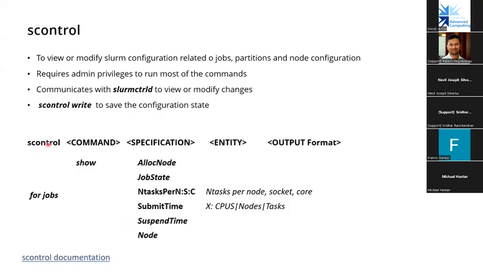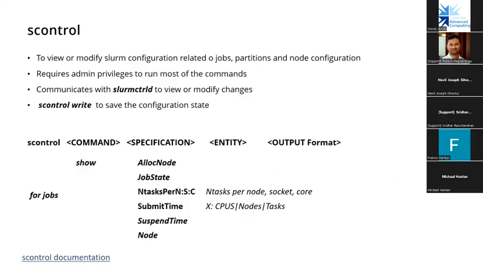And again, we have the show command to essentially display information. These are available to all the users. If I do scontrol show alloc and my job ID equals something, once the job starts running, when I run this command, it can show what all the nodes are allocated to it. That's a useful function if you want to quickly check.